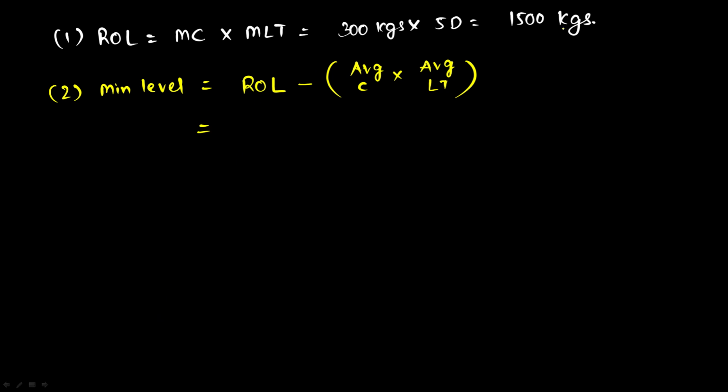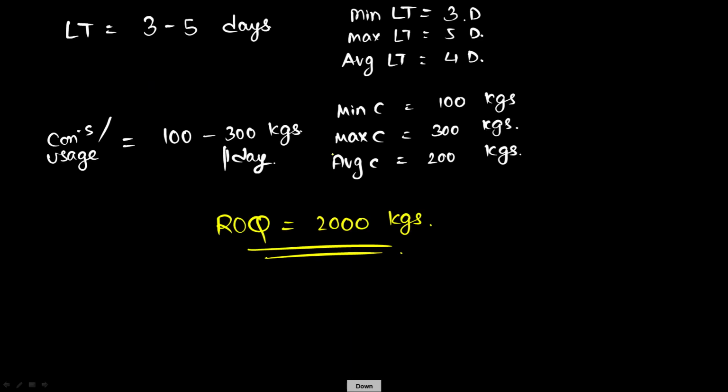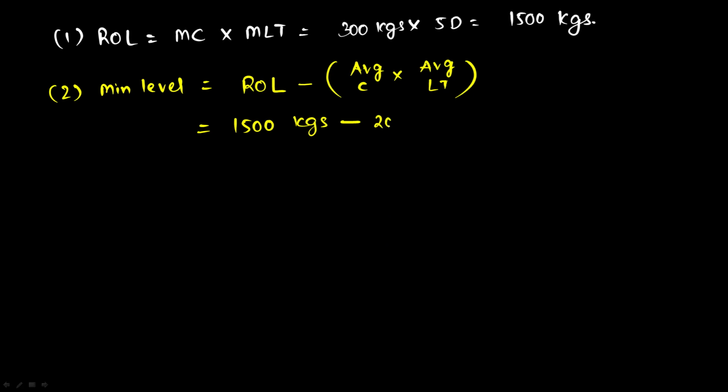What is reorder level in our case? 1500 cages minus average consumption into average lead time. Average consumption is 200, average lead time is 4. 1500 minus 800, which is 700 cages.